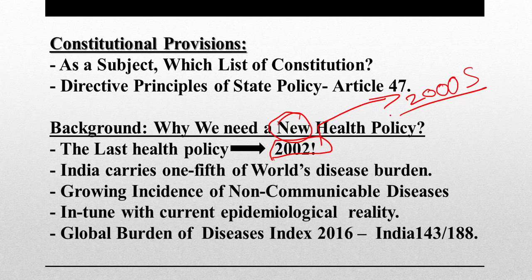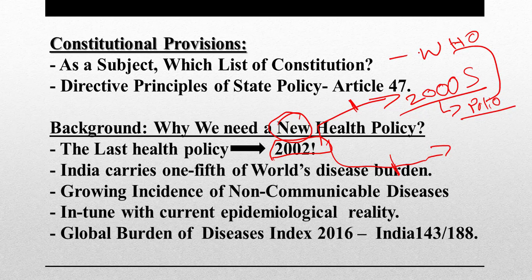So these were the national concerns as well as the international concerns. We will talk in these two broad ways: national and international. When we talk of national concerns, the concerns of that era were diseases like polio and other such diseases. Now that WHO has labeled India as a polio free country, our priorities have changed.